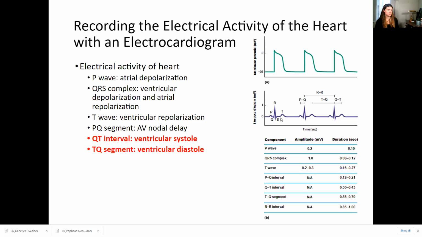So that TQ segment, from the end of one of these pulses to the next one, that's diastole, while things are relaxed. You can see that there aren't any real changes here in the electrical activity. As we're relaxing, we're not sending an electrical signal, we're not contracting, we're not having action potentials moving through these cells. So that's why this is the flat part.